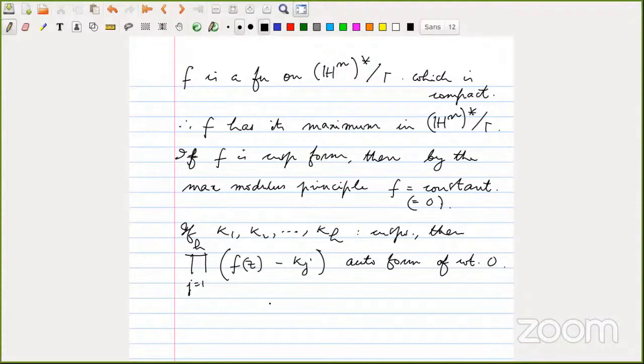Therefore it is a cusp form, and hence it is equal to 0. So one of these factors has to be equal to 0, but holomorphic forms which are non-zero can have only finitely many zeros, and therefore it forces f(z) to be equal to f(kappa j). Okay, so therefore f(z) equals this constant.